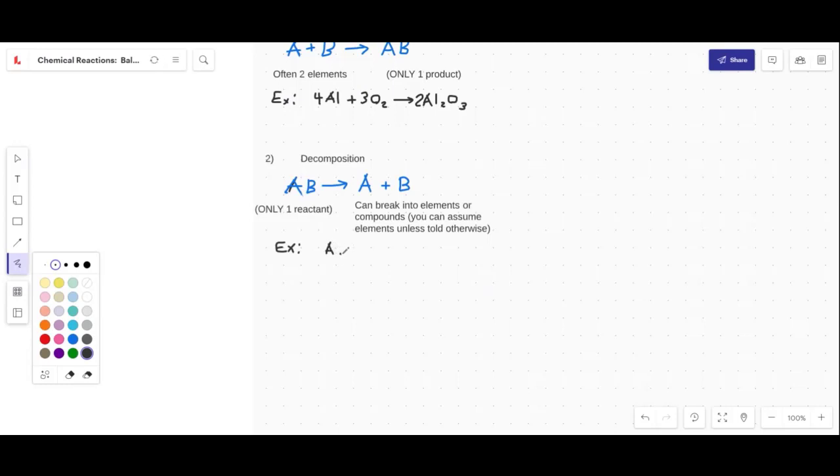Silver chloride is actually unstable in the presence of light, so what happens is it'll break apart. Silver chloride will break apart into silver metal and chlorine gas. So that's another type of reaction.